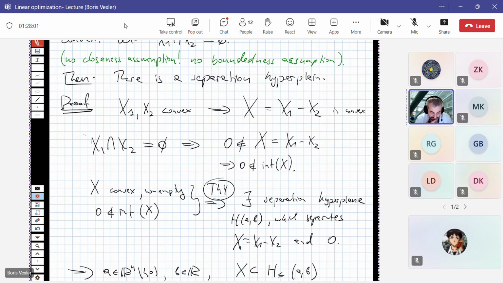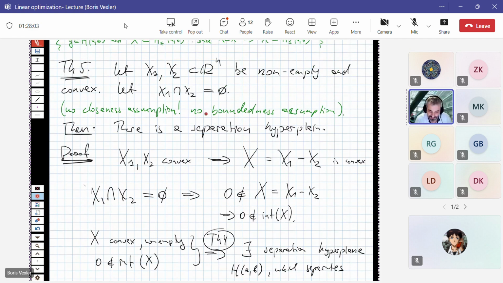Now we could omit closedness, but we could also omit boundedness, since in the previous lecture we wanted x1 minus x2 to be closed, and it was not possible to get it just from closedness of x1 and x2, and therefore we assumed in addition that one of them is bounded. But now we have nothing like closedness or boundedness, just two sets, not empty, convex, and with empty intersection.